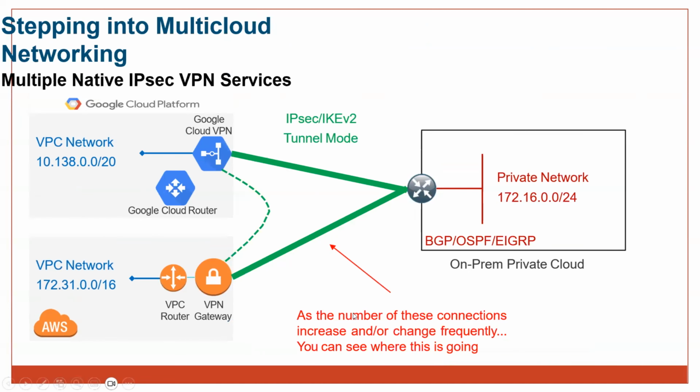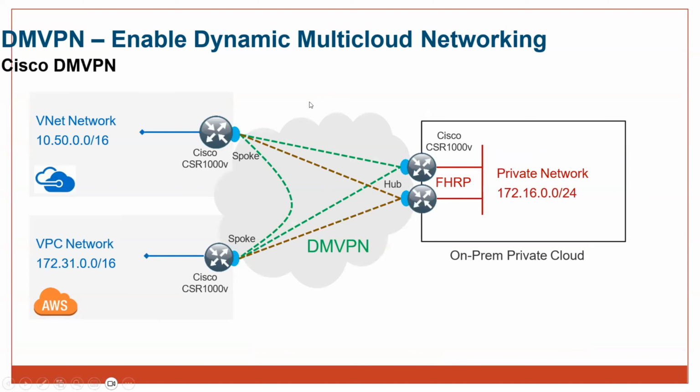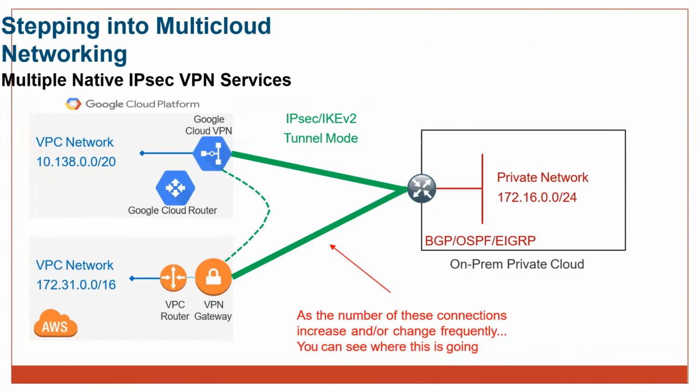I think there's the DMVPN. There's a difference, and there's an interconnect between the Google Cloud VPN and the AWS VPN itself. Right. Okay, no, you have here the Cisco CSR.